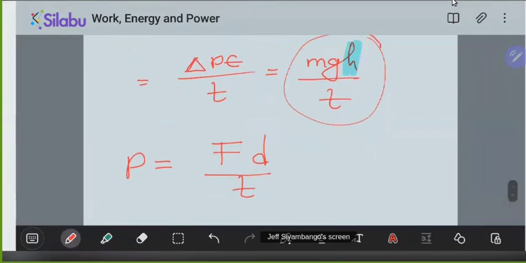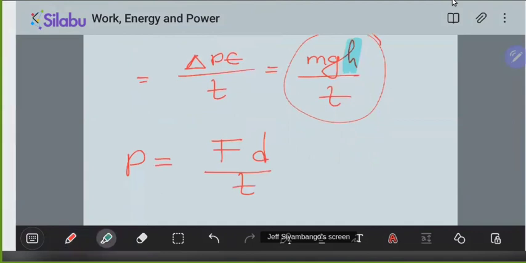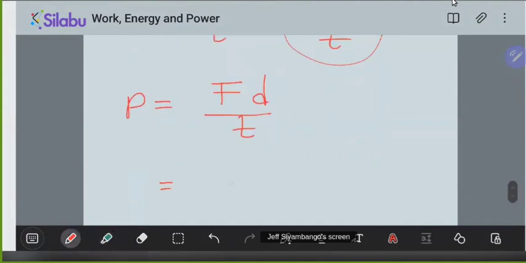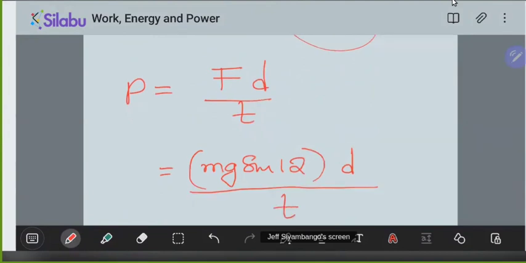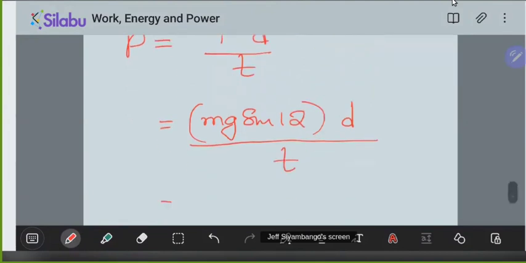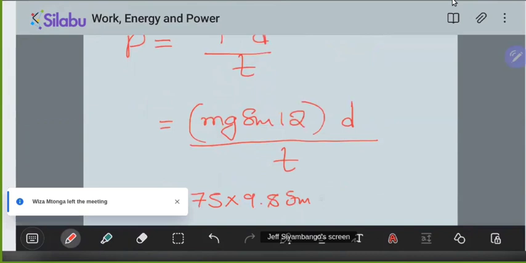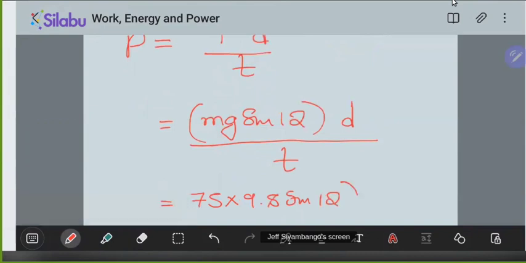We've seen the force that does work, it came out as mg sin 12. But what will be the distance, and what will be the time? The mass is given, a 75 kg patient. G is 9.8. This is sin 12. But what are you going to use as your distance and as your time?